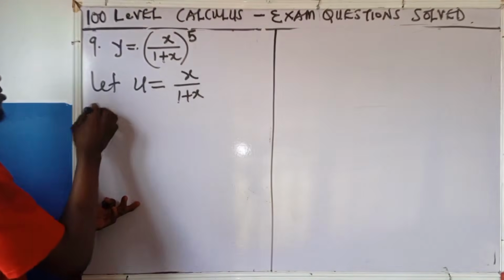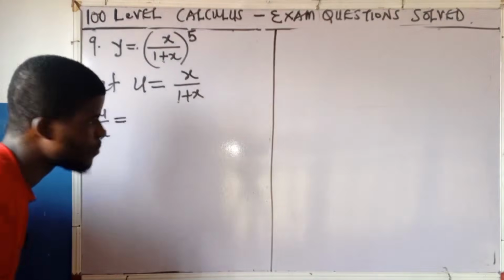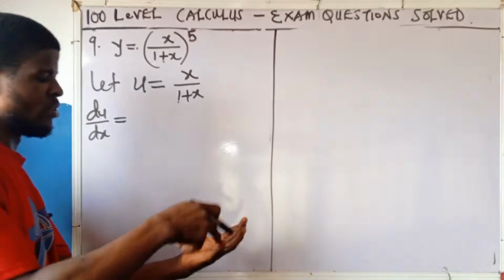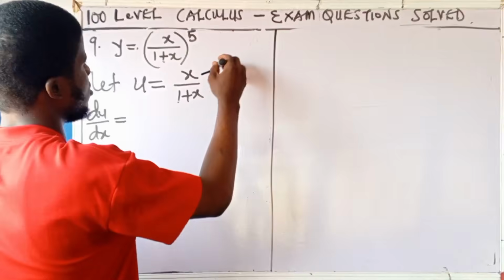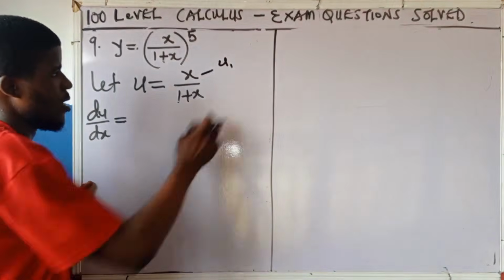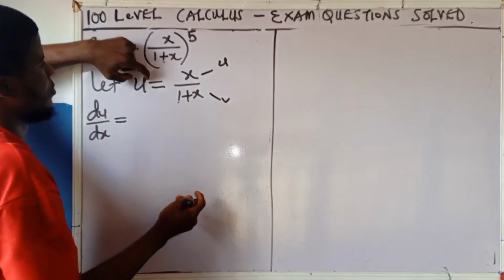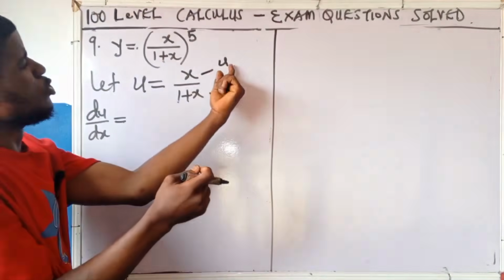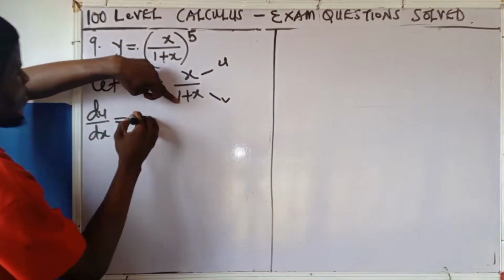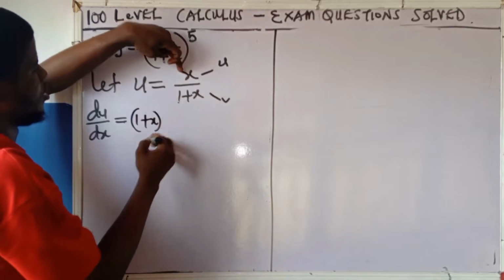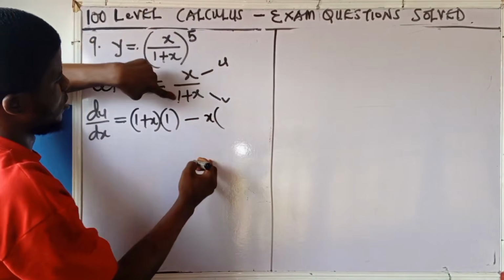Then I'll say differentiate u with respect to x. This is when the quotient rule comes in. Based on the quotient rule I wrote earlier, (v du/dx minus u dv/dx) all over v squared. This is now our u, and this is now v. So the original u remains for the chain rule, but this new u is for the quotient. Write this 1 plus x, differentiate this to get 1, minus write this x, differentiate this.